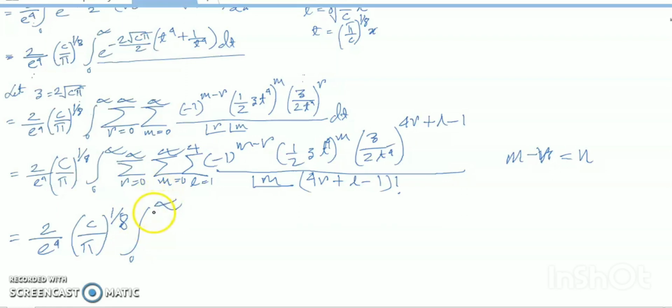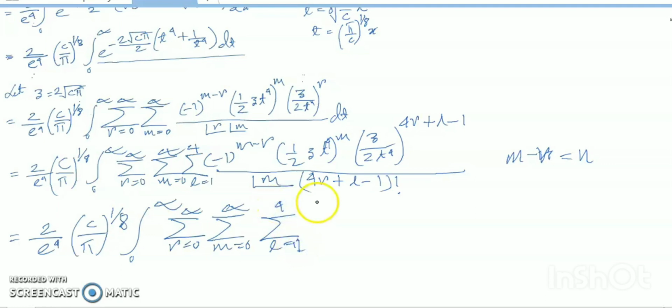So as n equals m minus r, in triple summation, r equals 0 to infinity, m equals 0 to infinity, and l equals 1 to 4, and just putting the value in here, minus 1 to the power m minus r is equal to this n.